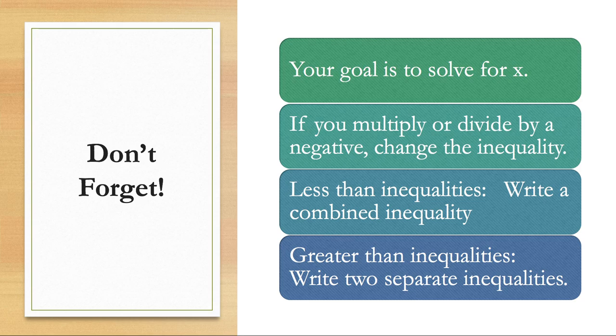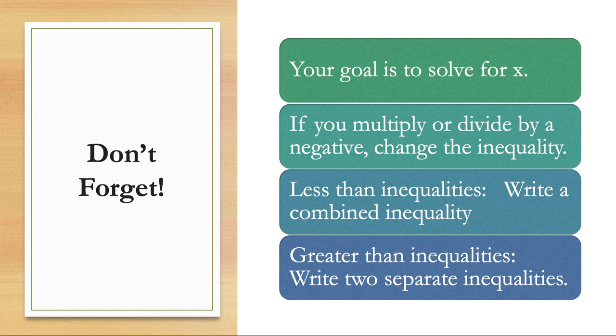Remember, as you're solving inequalities, your goal is to solve for x. Remember that if you multiply or divide by a negative at any point, you need to change the direction of the inequality. And then finally, if you have a less than inequality with an absolute value, you want to write a combined or three-part inequality.